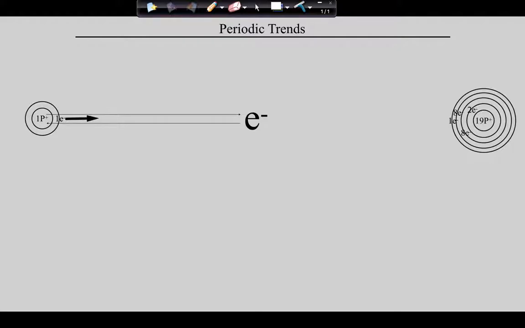And then guys, over here, we've obviously got a much stronger nucleus, a stronger nuclear charge, 19 protons pulling on that electron, but we also have much increased shielding. So we've got these other 19 electrons pushing back. So the principle then becomes, which one of these will actually win the electron? Which one will steal?